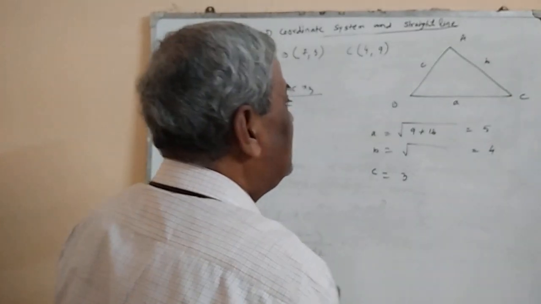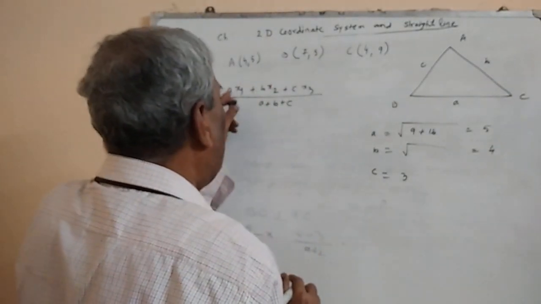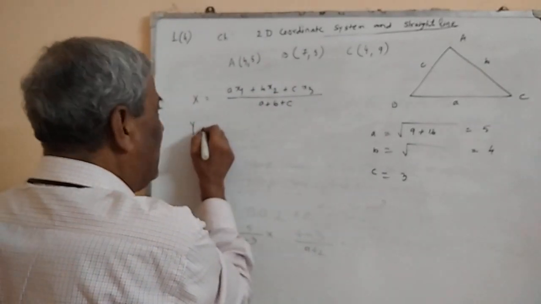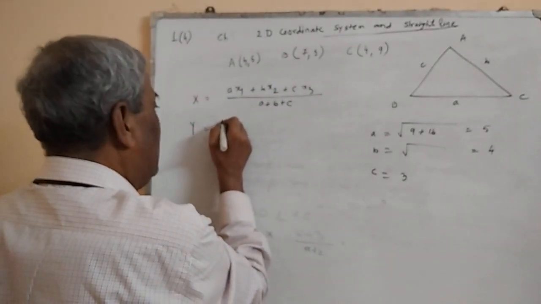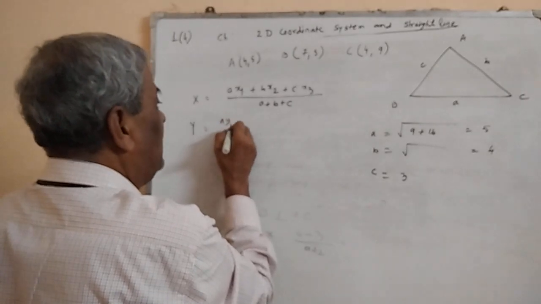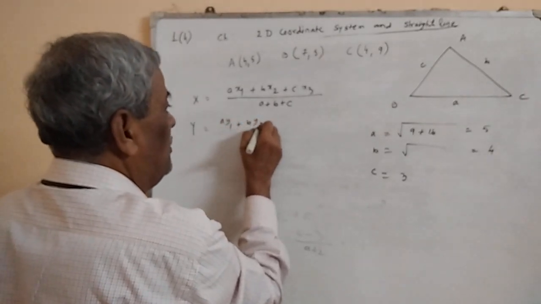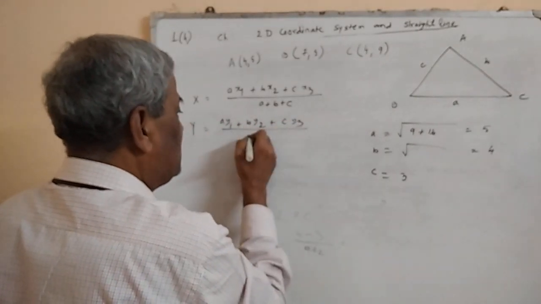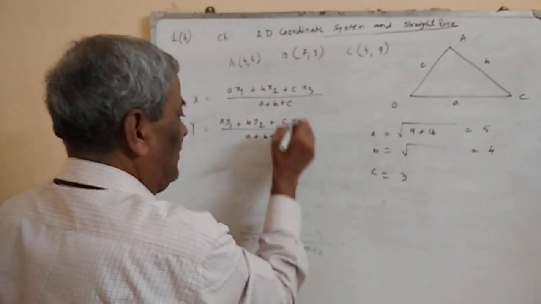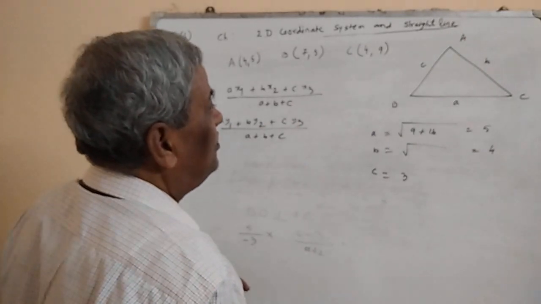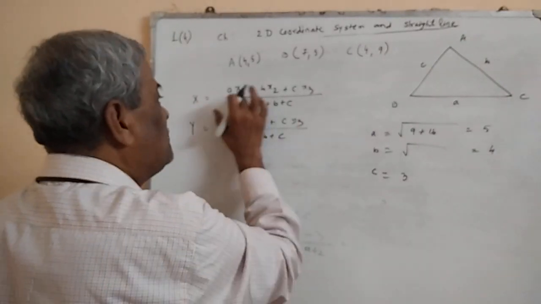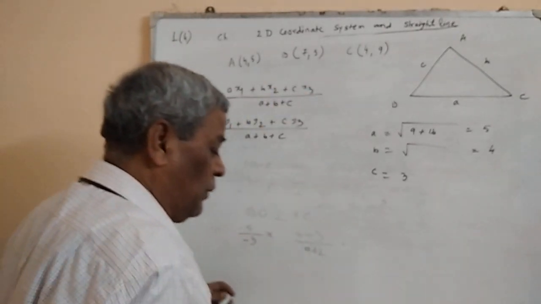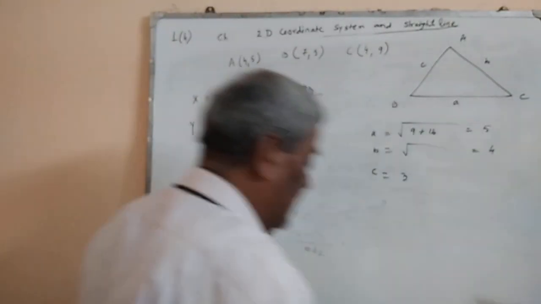All these three lengths are obtained, and the y coordinate will be by the same argument (a y1 plus b y2 plus c y3) divided by (a plus b plus c). Now, by putting all these values, x comma y will be our required incenter.